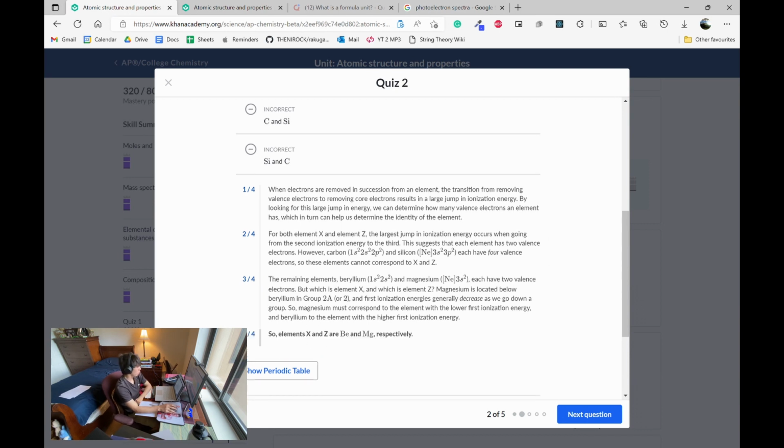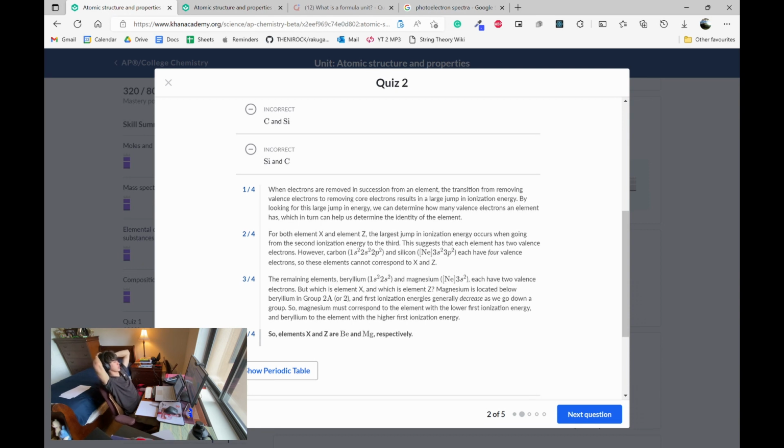What? It didn't explain why they decrease. Apparently they decrease as you go down. Why would you decrease the more protons you have?